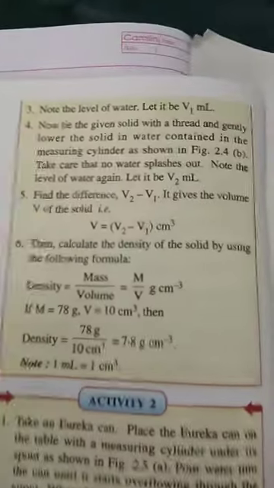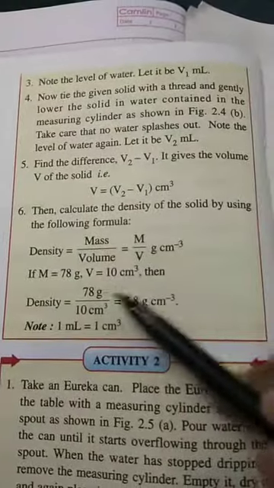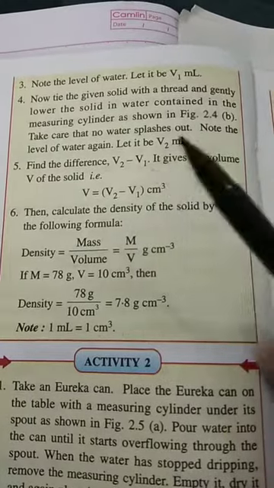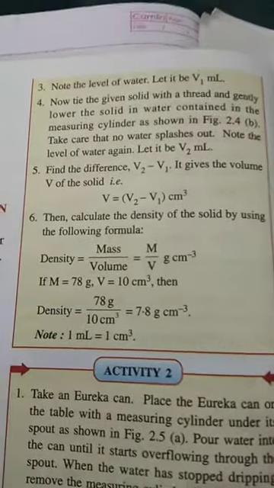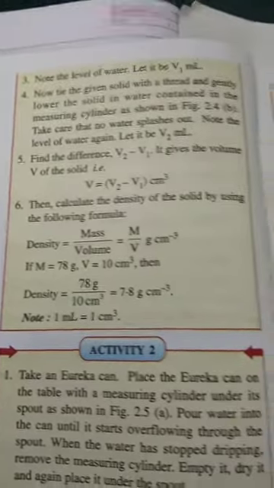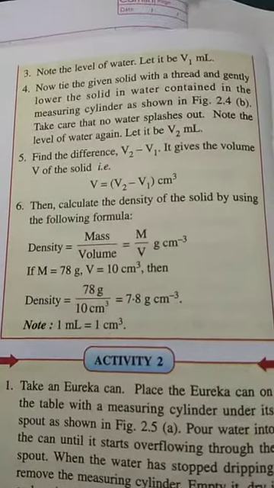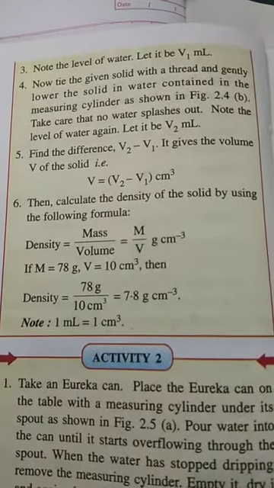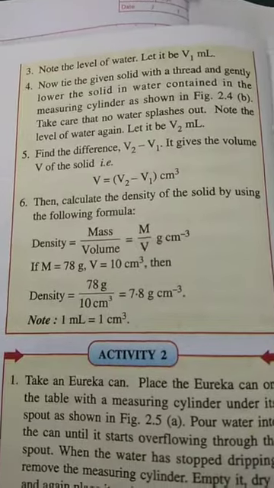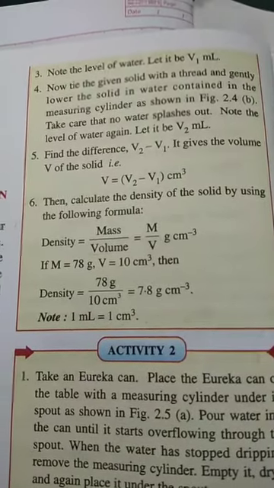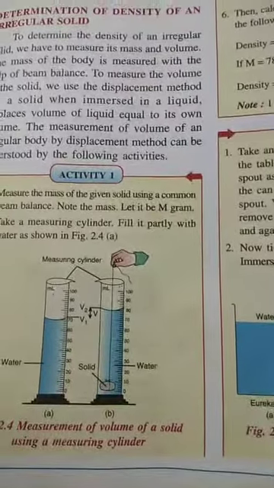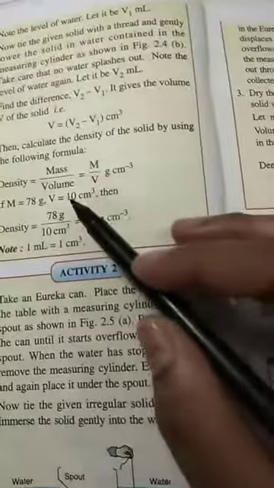So density is mass upon volume. Mass is 78 and volume is the difference of the two volumes, that is V2 minus V1. V2 is the final volume which we got after putting the pebble or stone inside the water, and V1 is the initial volume of the liquid, that is water. So we will subtract that. Previously it was 70 and now it is 80. So 80 minus 70 will be 10. So the volume is 10.